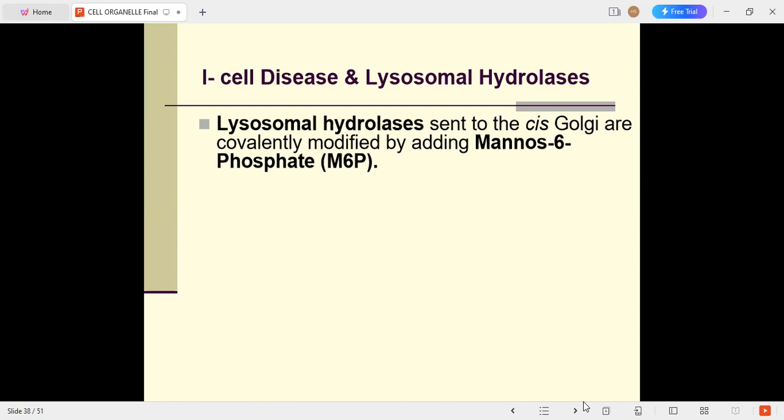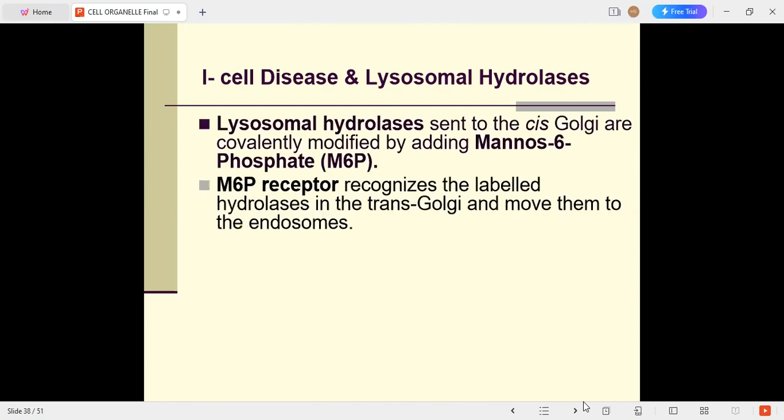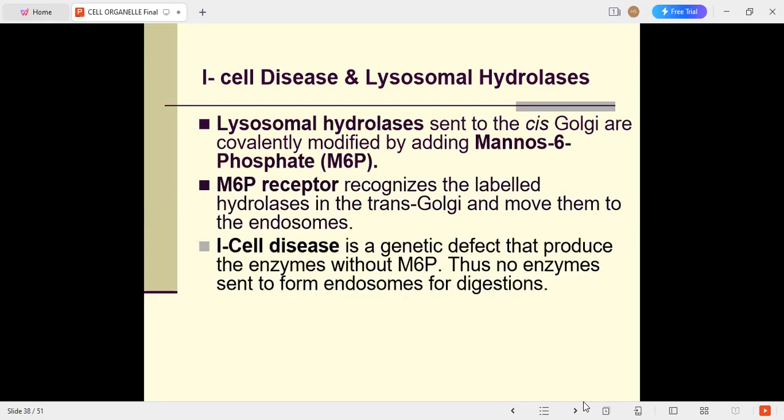Lysosomal hydrolases sent to the cis Golgi are covalently modified by adding mannose-6-phosphate. The mannose-6-phosphate receptor recognizes the labeled hydrolases in the trans Golgi and then moves them to the endosomes. I-cell disease is a genetic defect that produces the enzyme without the mannose-6-phosphate.